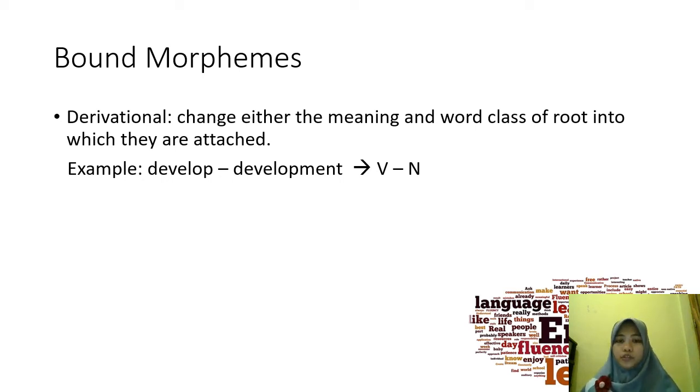For example, from the word develop to development: develop is a verb, then it is added by the suffix -ment, then it becomes a noun. The meanings are also different: membangun and development, pembangunan in bahasa. So the bound morpheme here belongs to derivational.